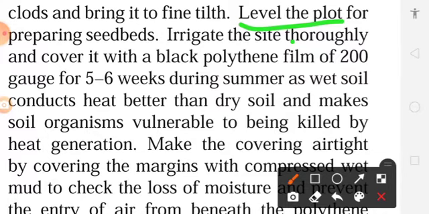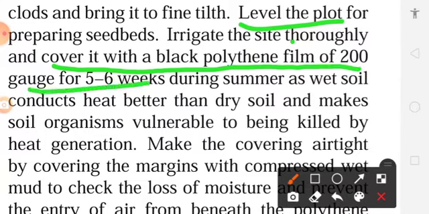And after irrigating the plots, we have to cover the plot by using a black polythene film of 200 gauge for 5 to 6 weeks. This is to be done during summer when the soil is wet.